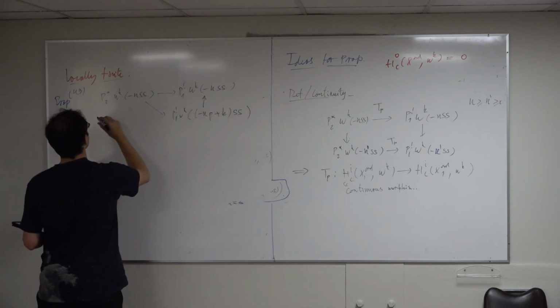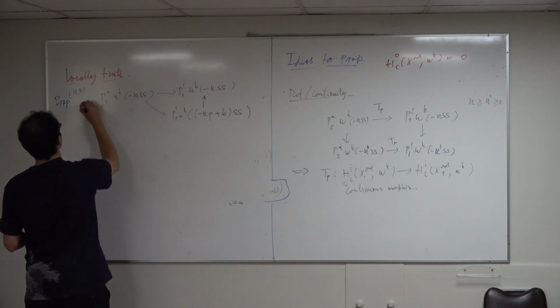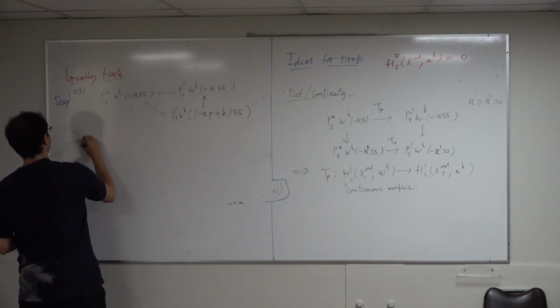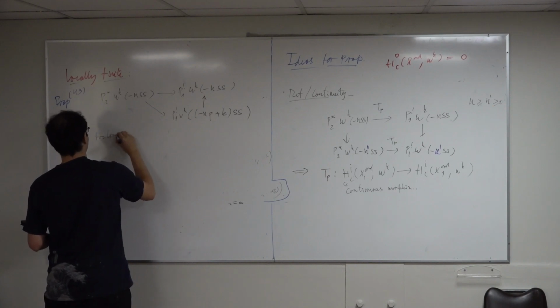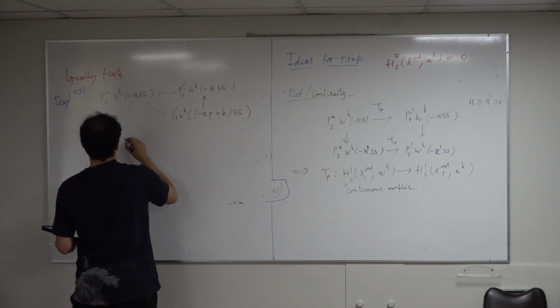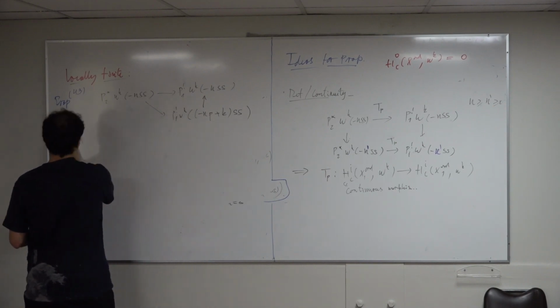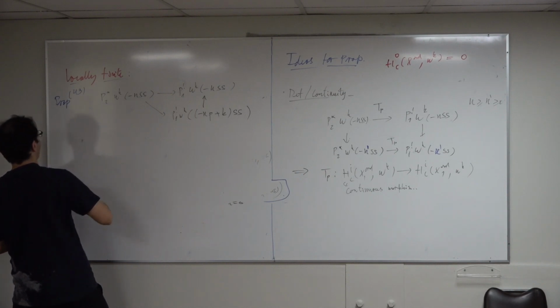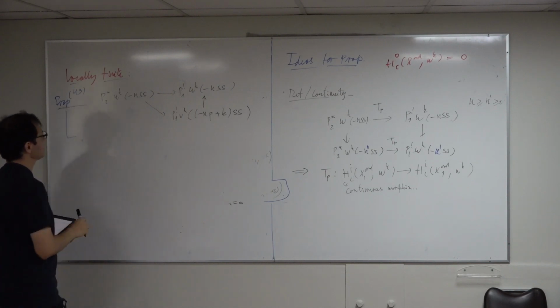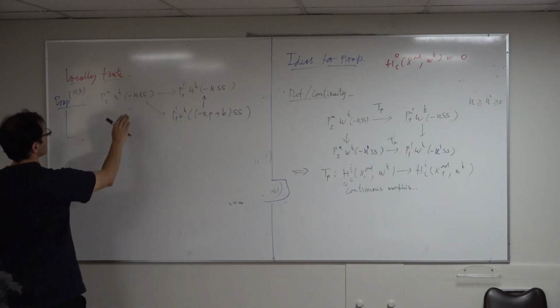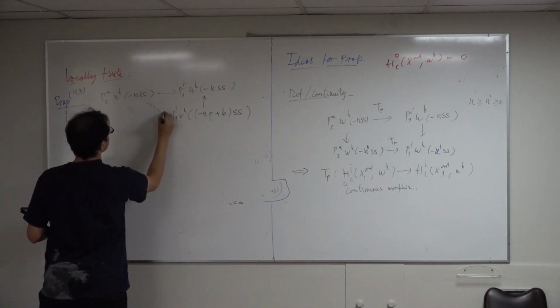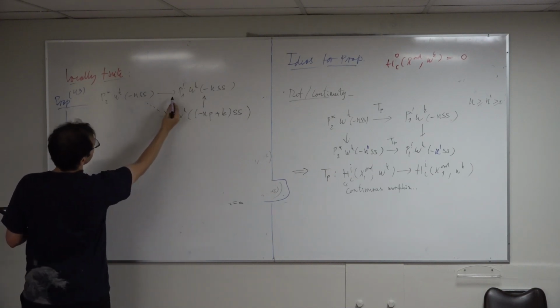So in words, TP factors. I hope the diagram is clear enough, okay. So there's this, because this is the DP that we consider.